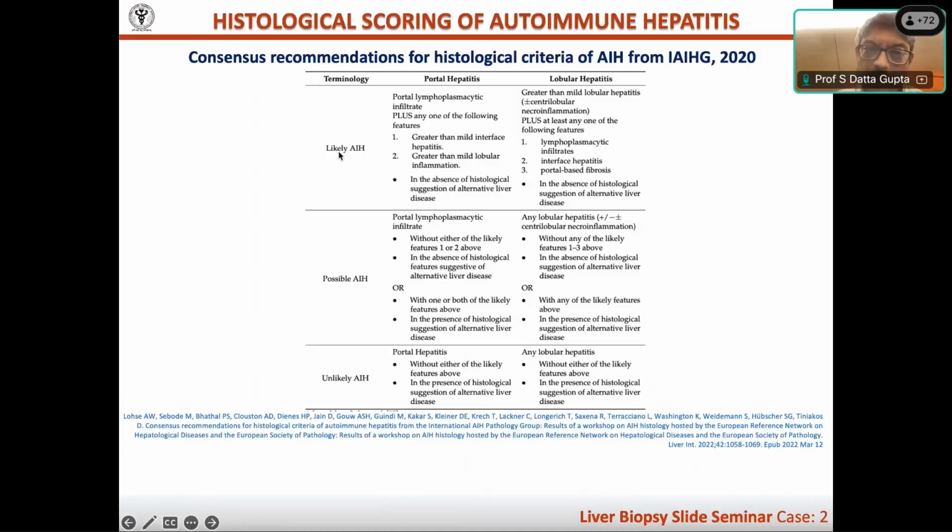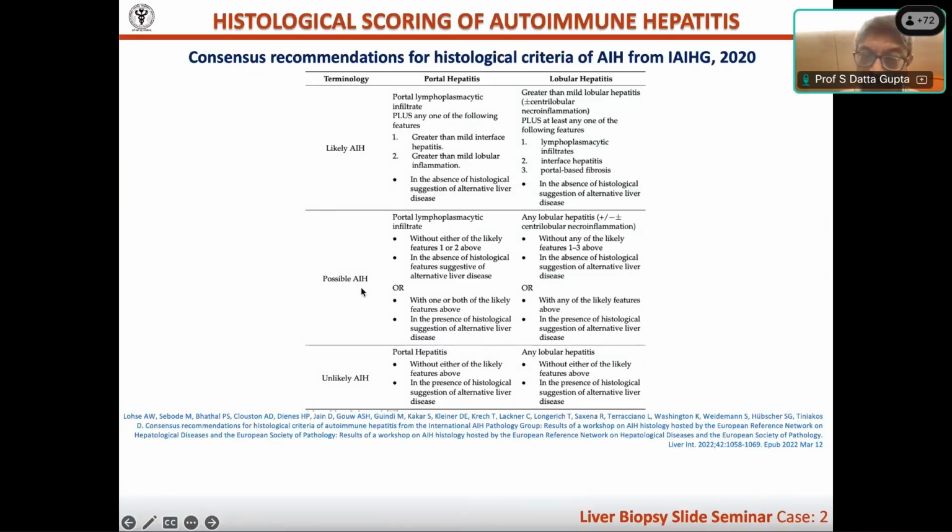That is likely AIH. If you see lobular inflammation greater than mild, that is with central lobular inflammation and necrosis, plus at least any one of lymphoplasmacytic infiltrate, interface hepatitis, or portal based fibrosis, in the absence of any other liver disease, then you say it's likely AIH.